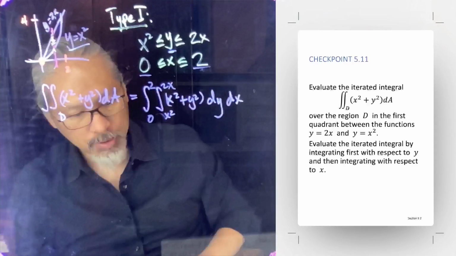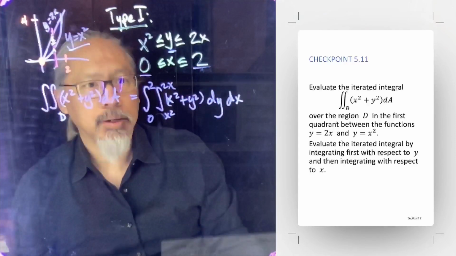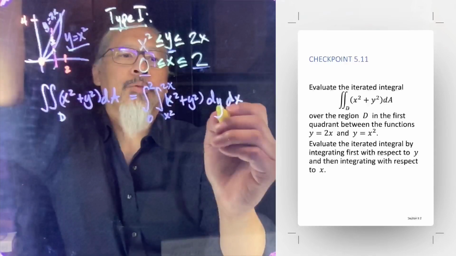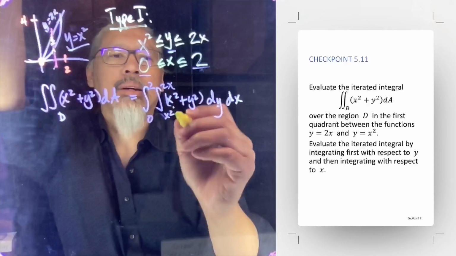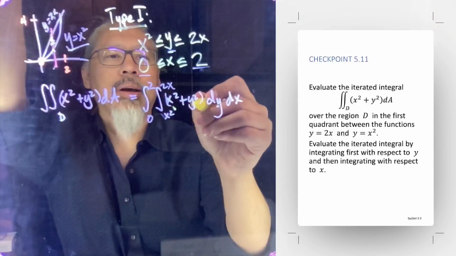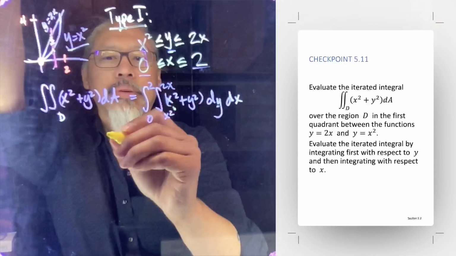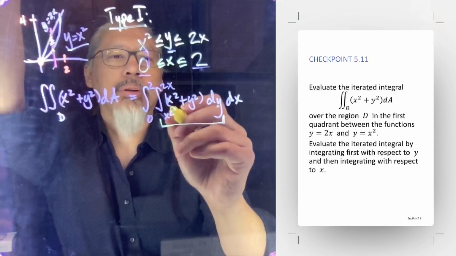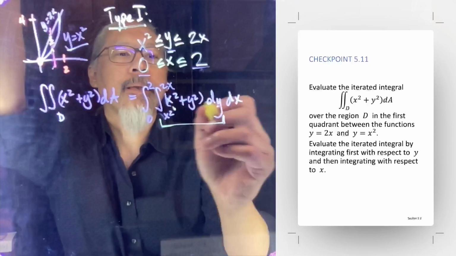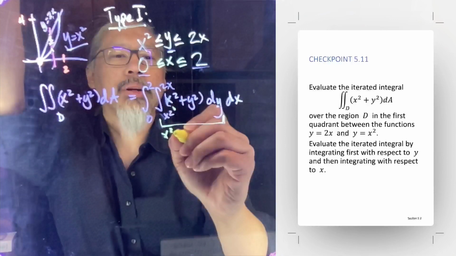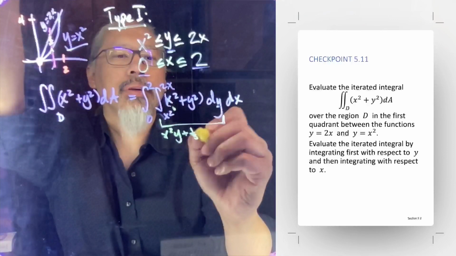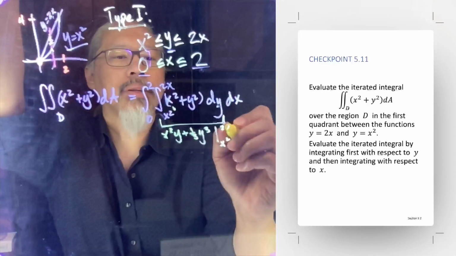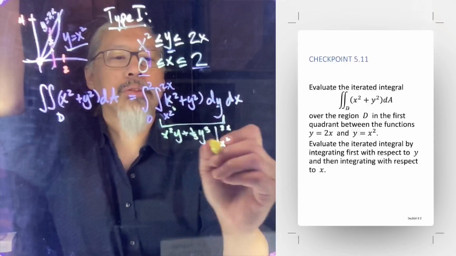Okay, now it's just a matter of working this out. We integrate with respect to y. x squared is constant, and then we have y cubed over 3. So the inner integral produces x squared y plus 1/3 y cubed, which we integrate from x squared to 2x. Let's put 2x in for y first.